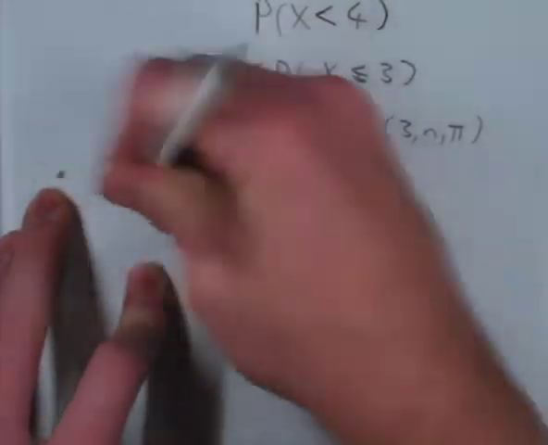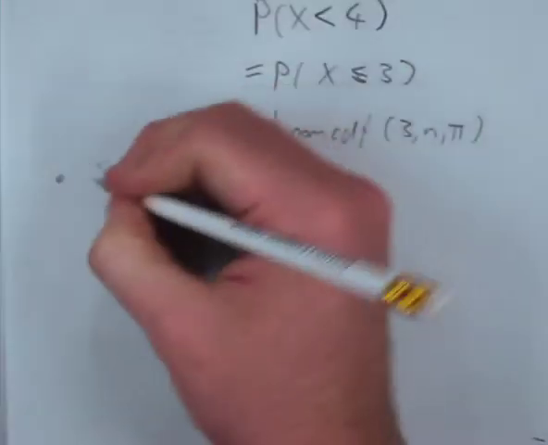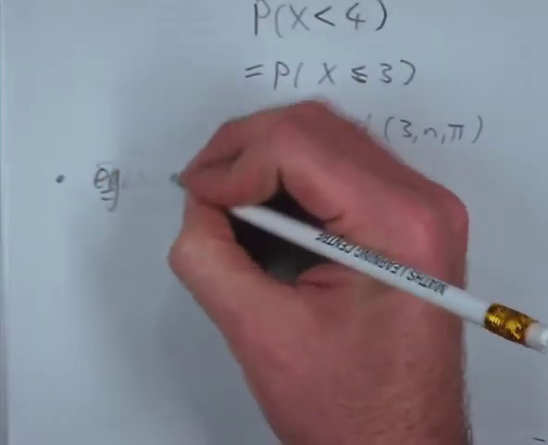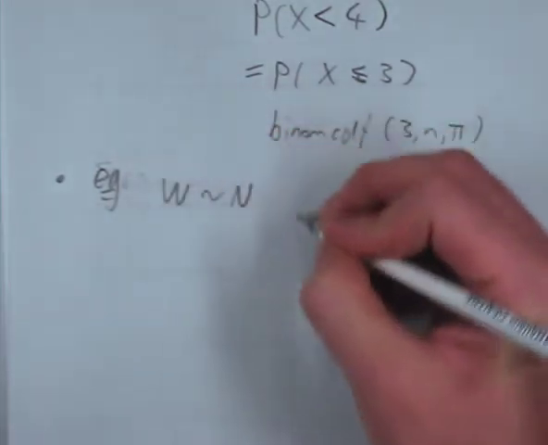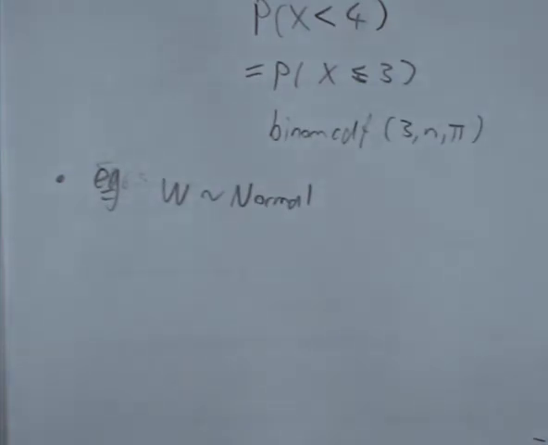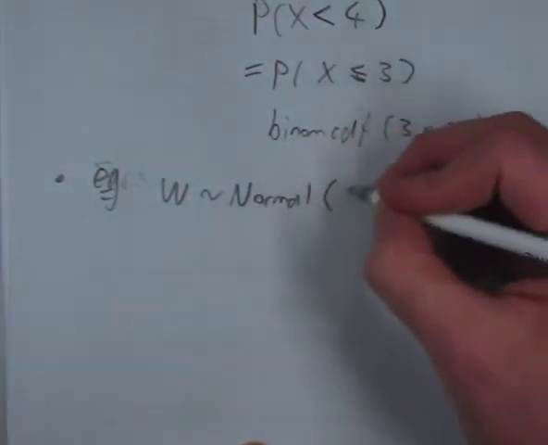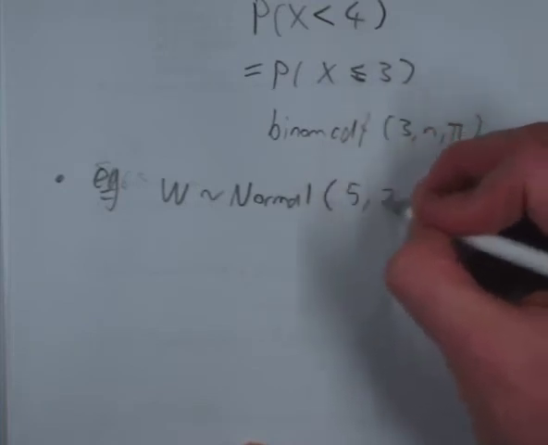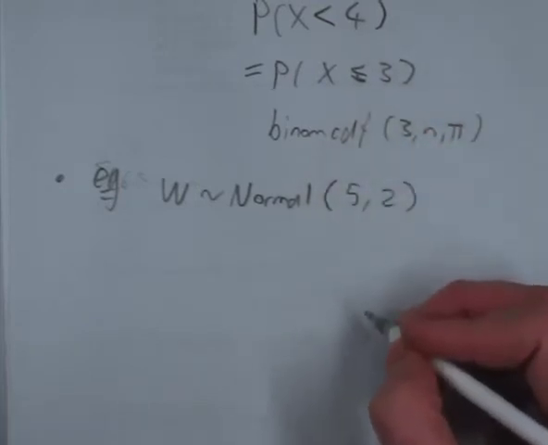You might have something where one variable is normally distributed. So as an example, weight is normally distributed. That twiddle means is distributed as. Is normally distributed with, like, mean 5 and standard deviation 2 or something.